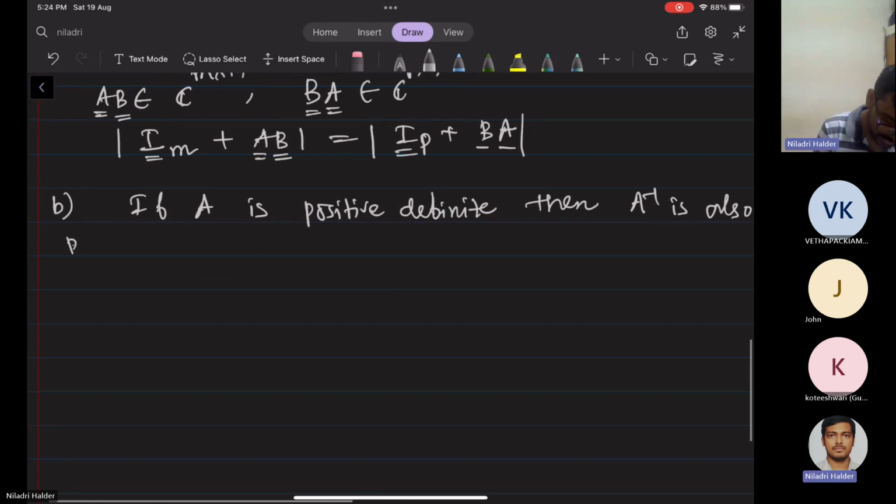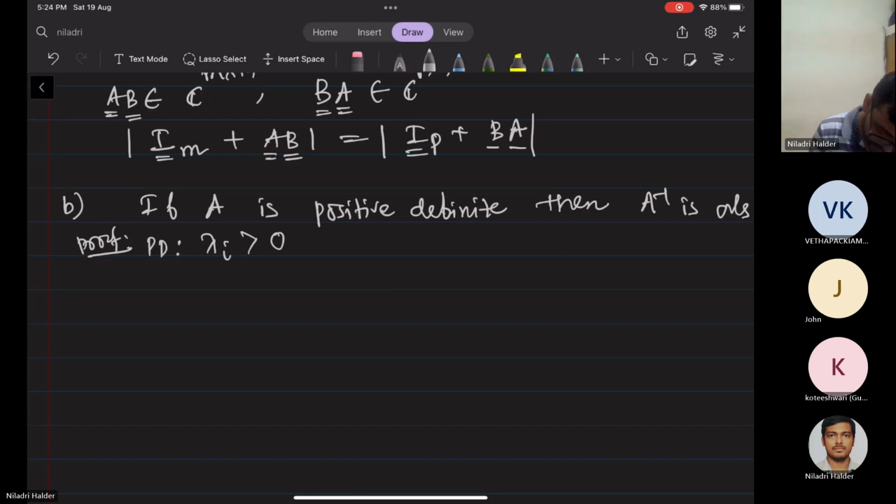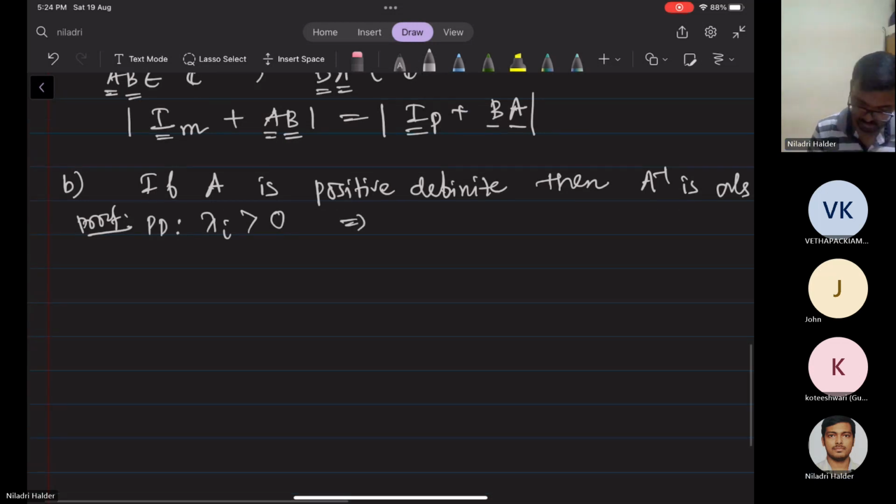So the proof is very simple. He also mentioned if A is positive definite, it means all the eigenvalues will be greater than or equal to 0. So sorry, not greater than or equal to, greater than 0. Positive definite means greater than 0. So that means 1 by lambda is also more than 0.